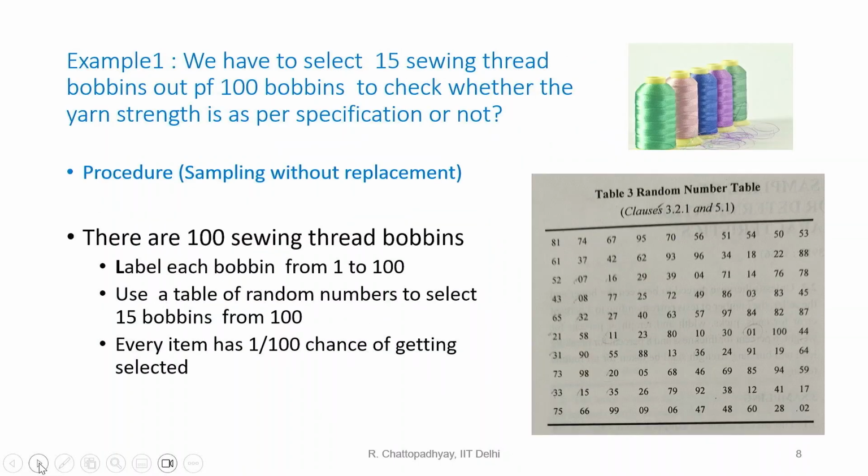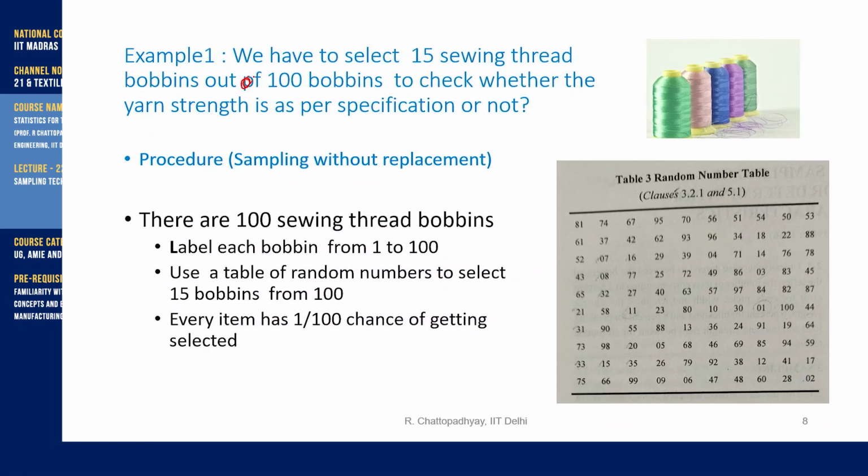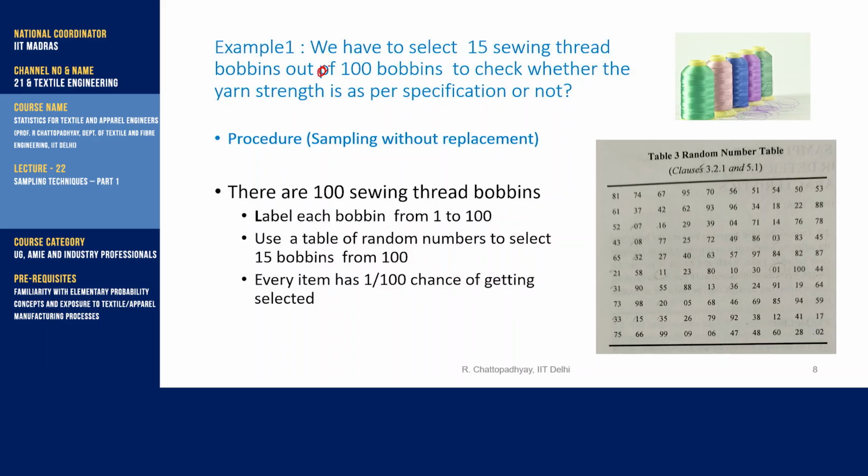in the case of random sampling procedures. Now we are discussing a typical example to make the idea clear. Let us say we have to select 15 sewing thread bobbins out of 100 bobbins to check whether the yarn strength is as per specifications or not.